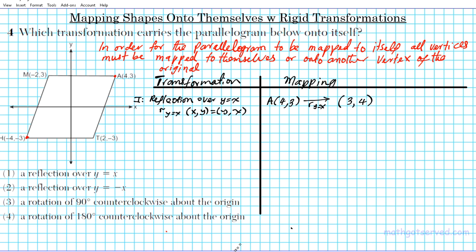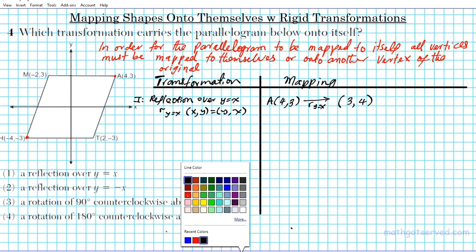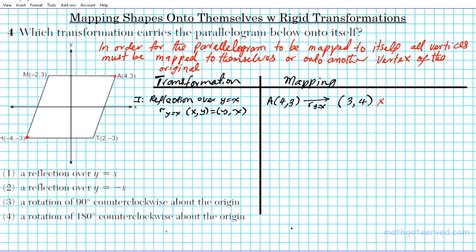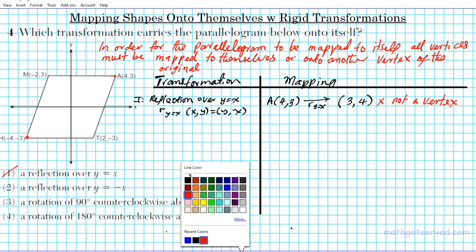The answer is no. So 3, 4 is a fail because this is not a vertex. What does that mean? Transformation number 1 fails. It's not the answer, because it's mapping this vertex to some random point that's not a vertex, so it doesn't map the parallelogram onto itself.